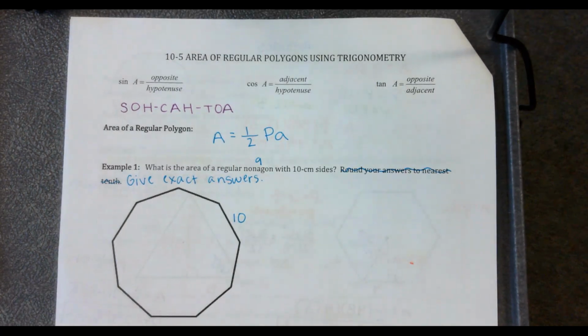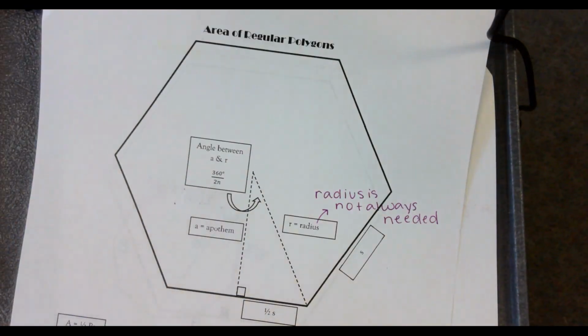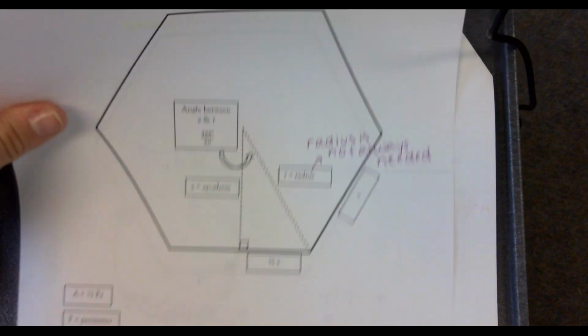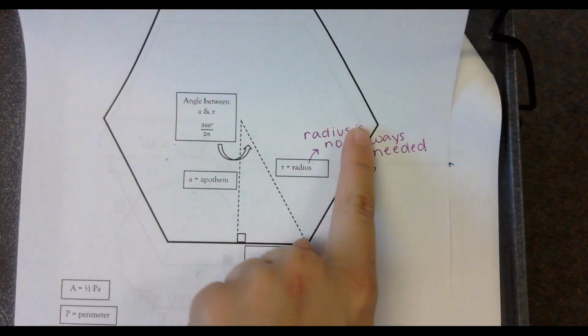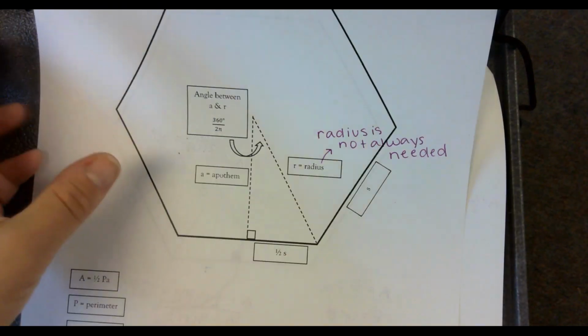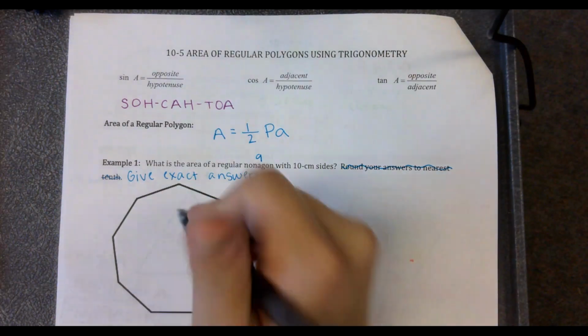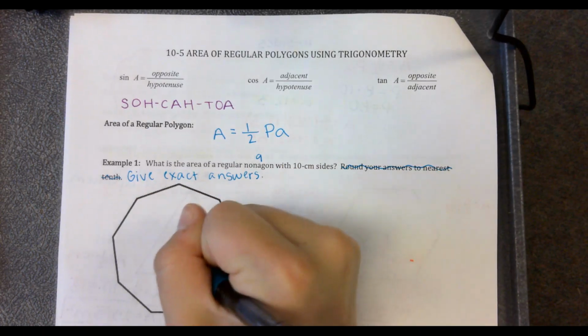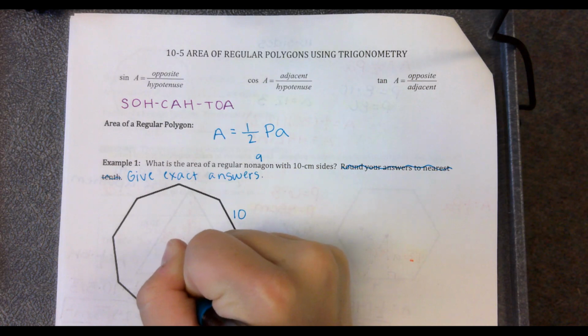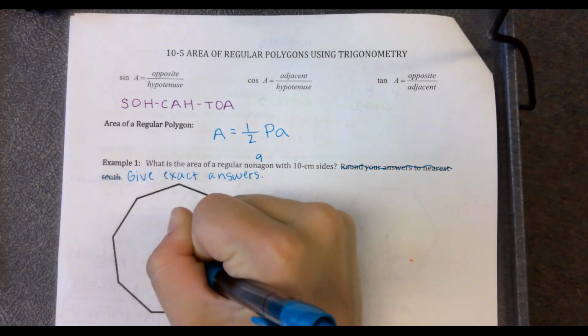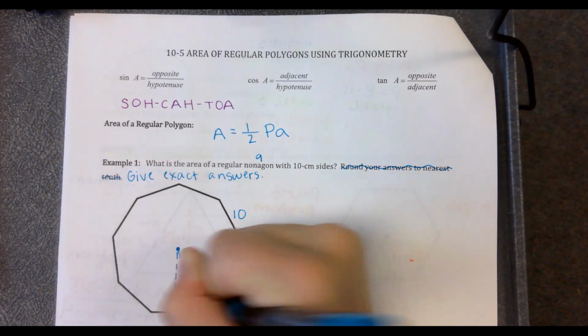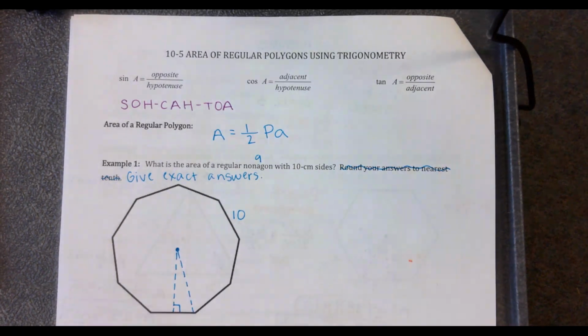Like the apothem and the radius, right? So essentially what we're trying to do is fill in these boxes. But again, the radius is not always needed. Okay, so first I'm going to start by drawing a triangle. So I have to just kind of estimate the center. So there's my apothem. There's my radius.